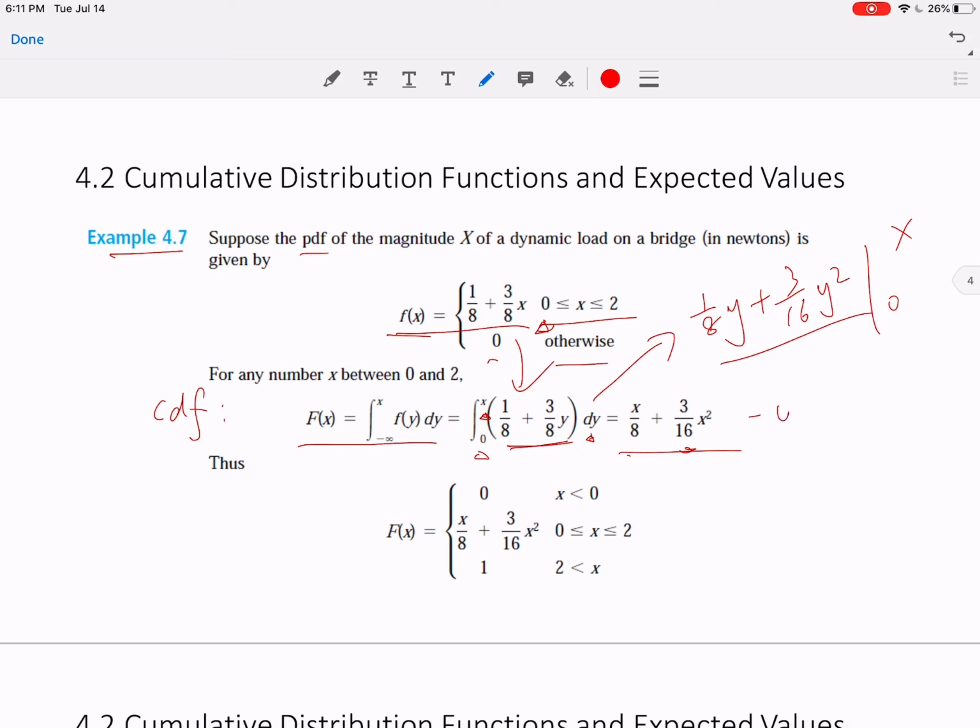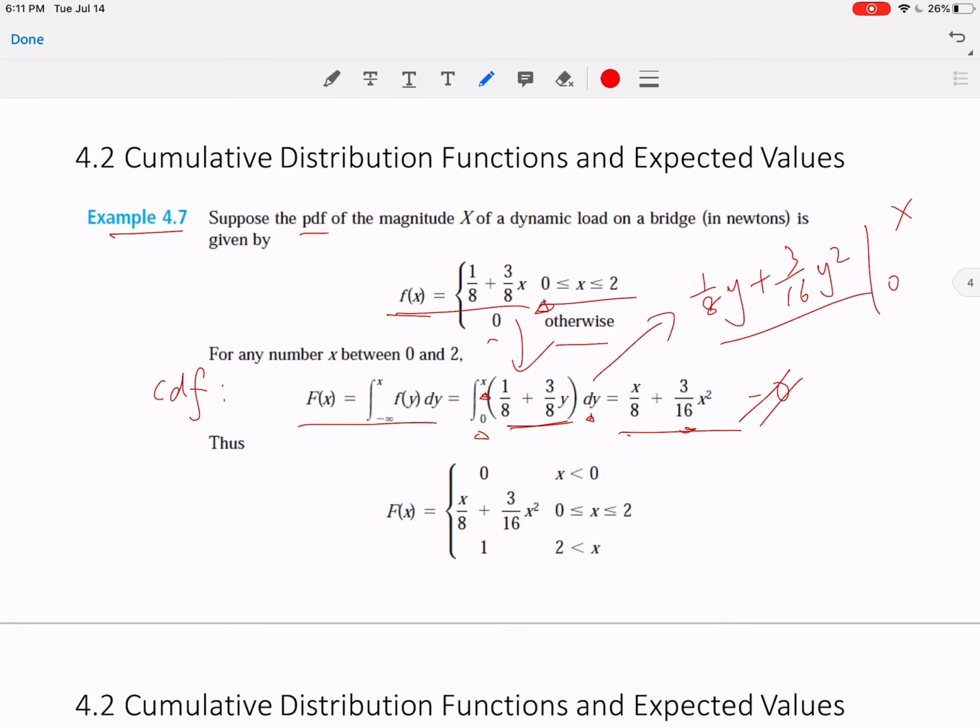So we get a minus 0, and we don't have to write that over here because it wouldn't change anything. This is the form of the CDF when x is between 0 and 2. And then we want to put the CDF in a general form. Thus, F of x would be equal to x over 8 plus 3 over 16 x squared when x is between 0 and 2.